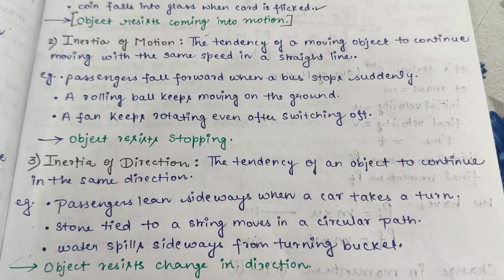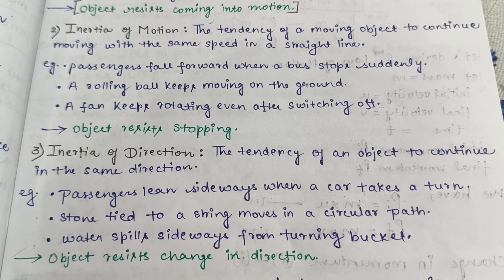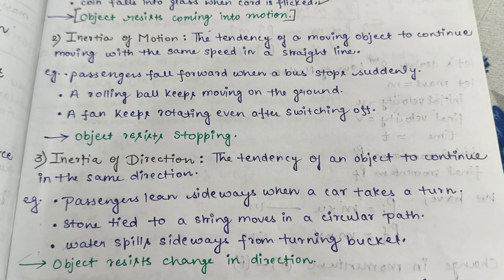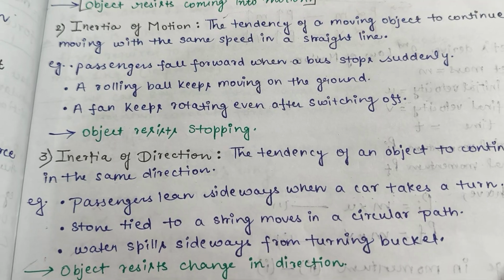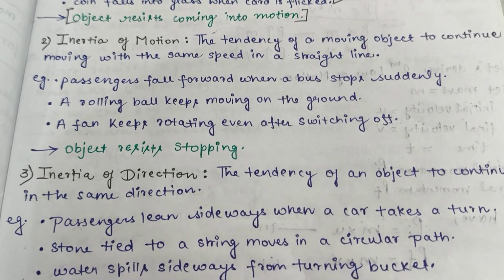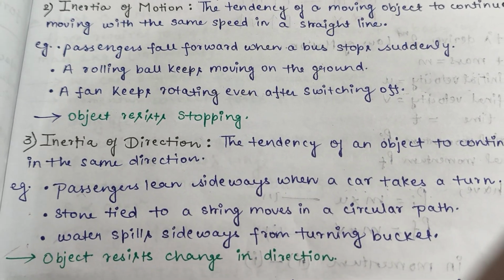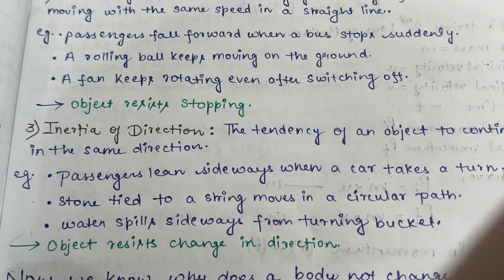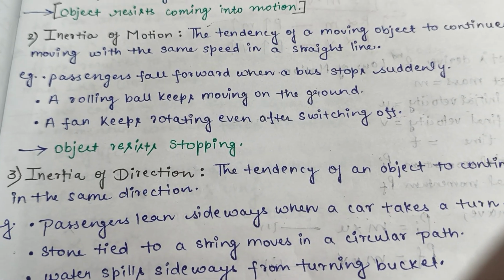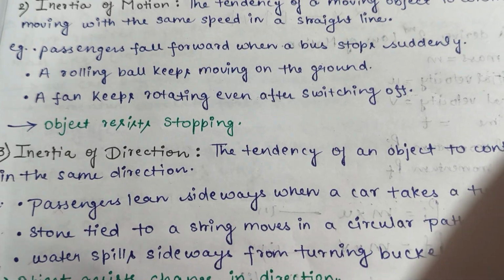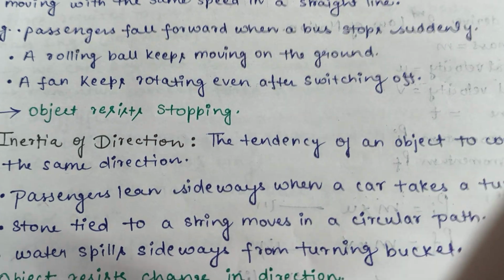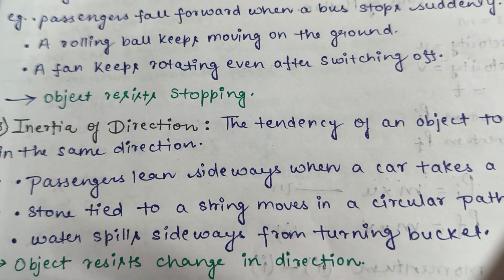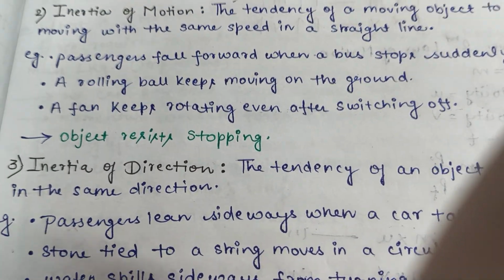So let's consider an example. Have you noticed the passengers when a bus suddenly stops at a signal? The passengers fall forward. Have you ever wondered why? The reason is nothing but the inertia of motion, because initially the passengers were in motion, the bus was moving, they were moving, and all of a sudden the bus has come to a stop.